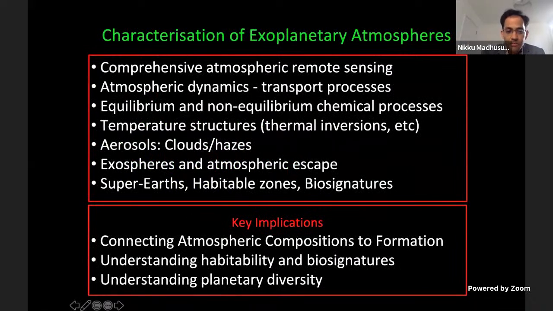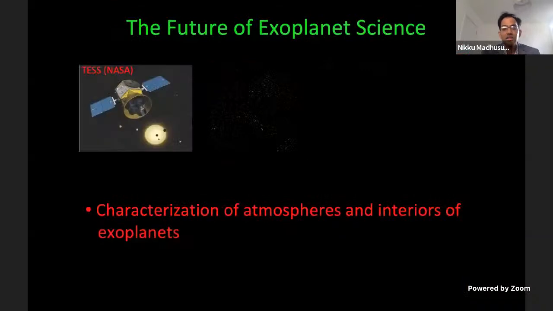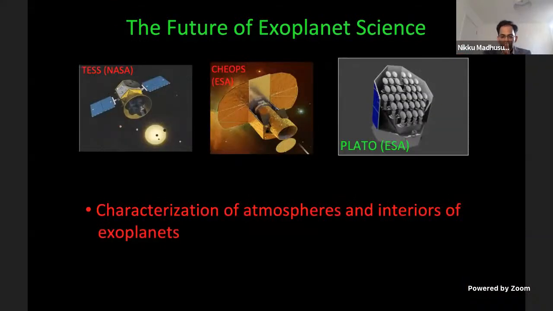Okay, so I'll leave you with this last slide, that the future of exoplanet science currently looks extremely bright. In terms of planet detection, there are various missions that are happening or about to come in this decade to detect the small planets, sub-Neptune planets around low mass stars.